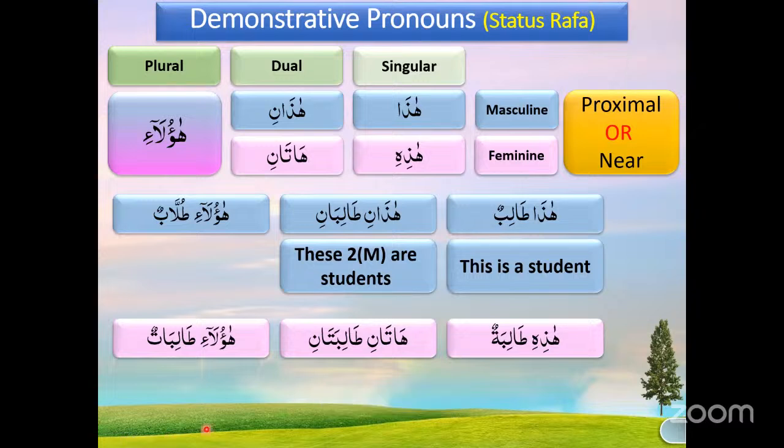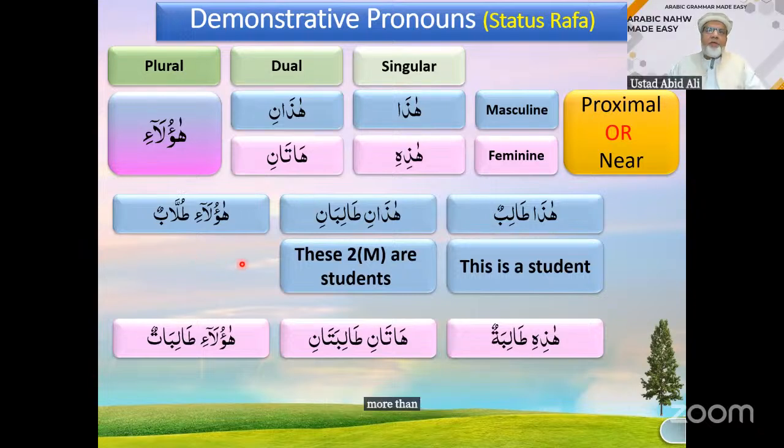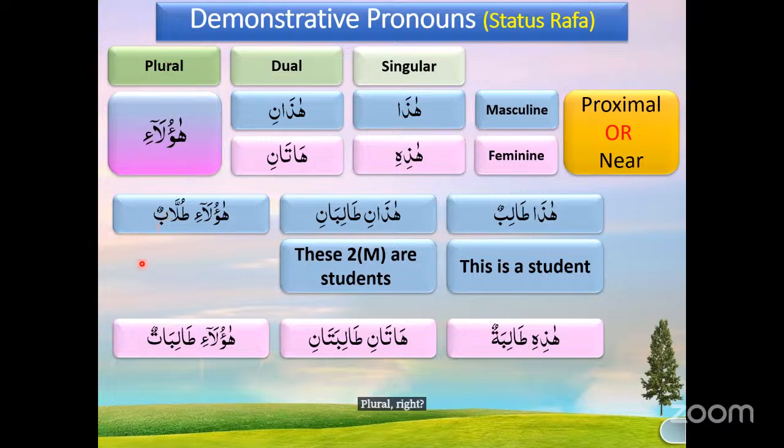This means these are male students, more than two. Okay. Brother Imran, the second one, Imran Sheikh, tullabun is plural, right? Yes. Plural. What kind of plural is this?